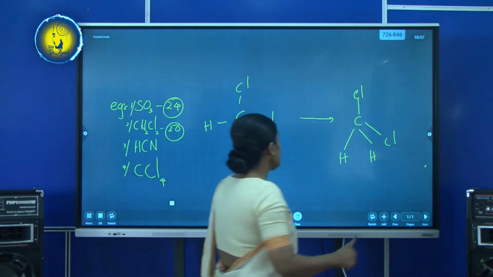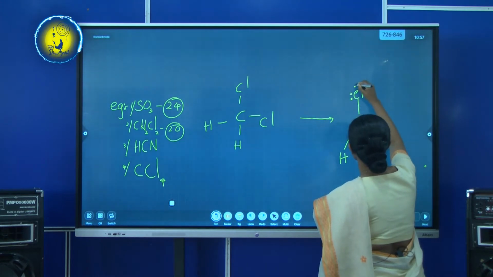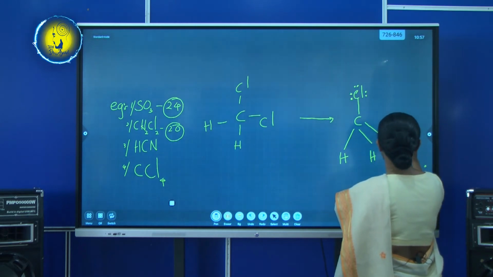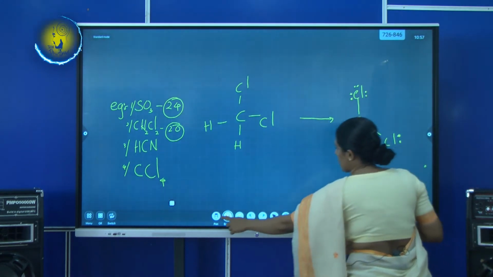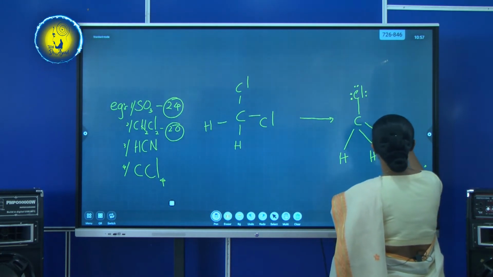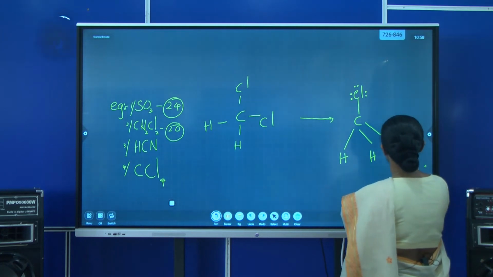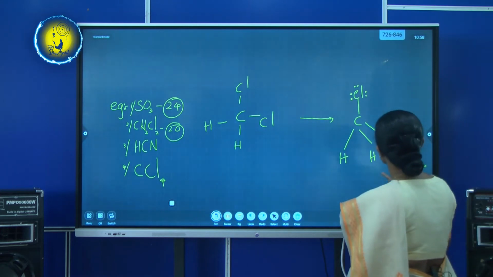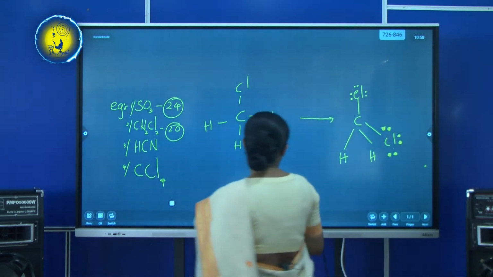Right. And please draw the electrons around the mentioned atoms. Chlorine has 7, so right.